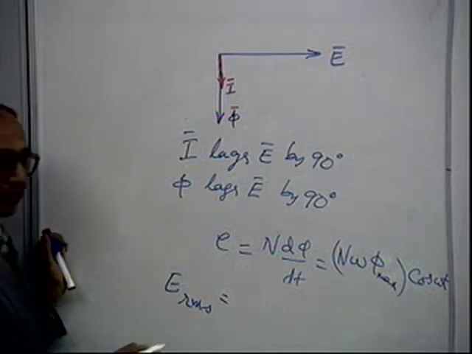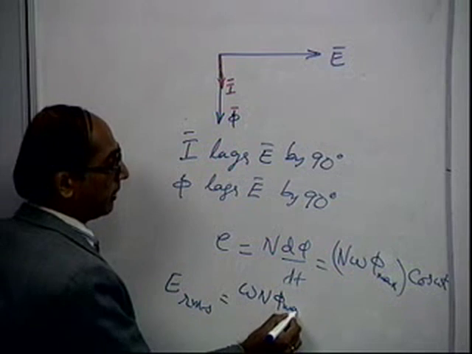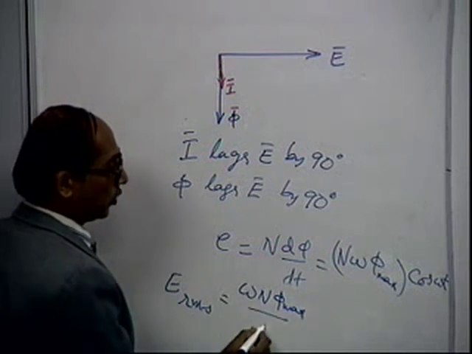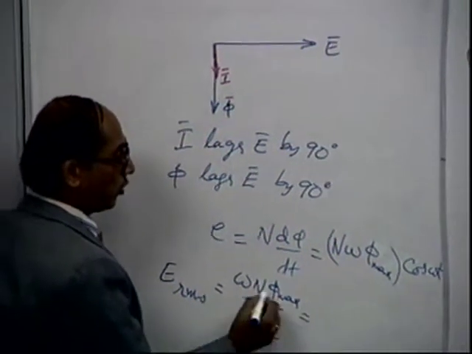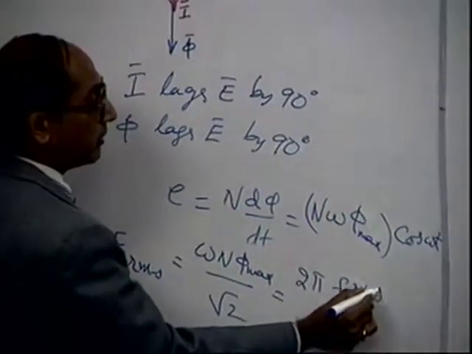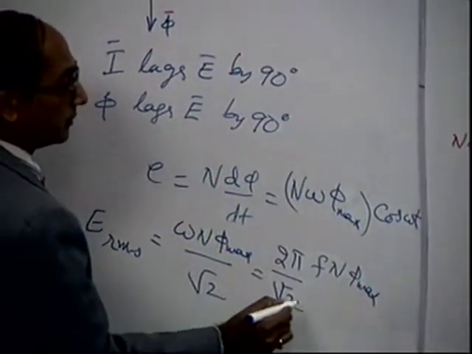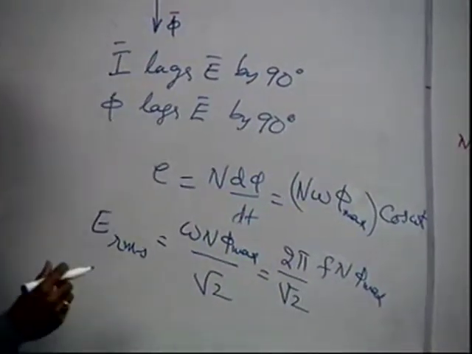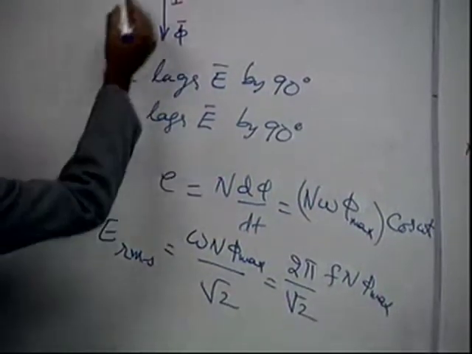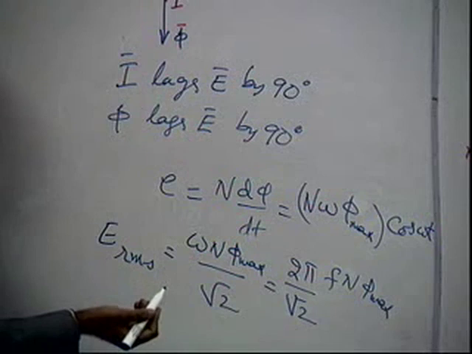It will be omega n phi max by root 2. That is, omega is 2 pi f, n phi max by root 2. Okay. And 2 pi by root 2 is 4.44.